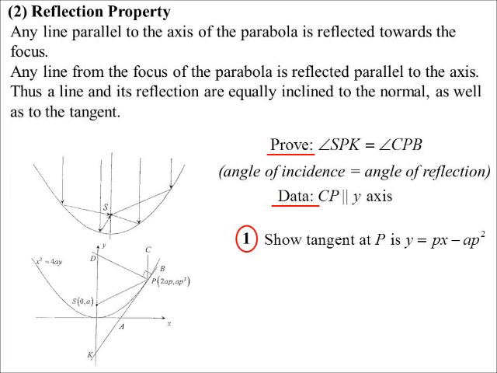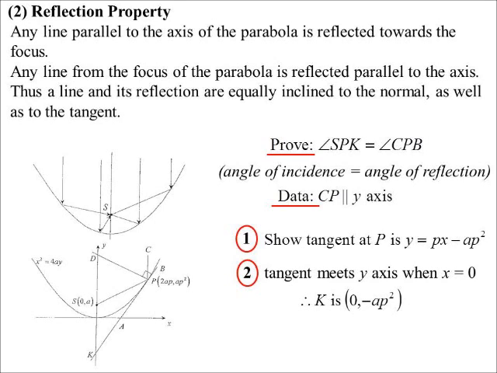So first thing I would do is find the equation of the tangent. Remember that y equals px minus ap squared. That will allow me to find the coordinates of K down here, because that's going to meet the y-axis when x equals 0. So I know that K is the point (0, -ap squared).